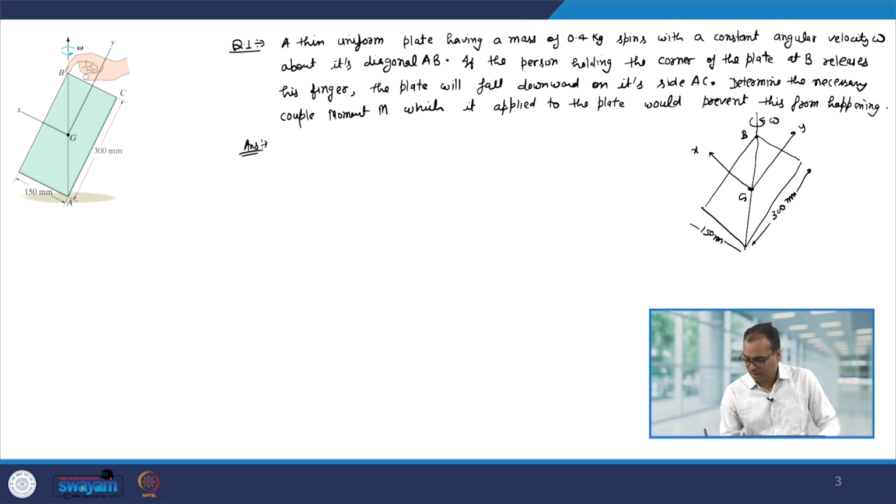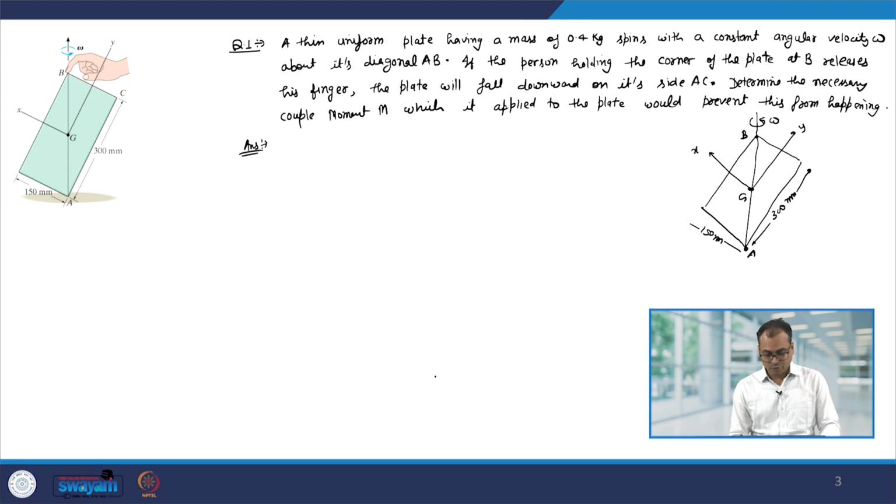This point is B and this point is A. Because the x and y axes are attached to the body, they are also the principal inertia axes of this body.